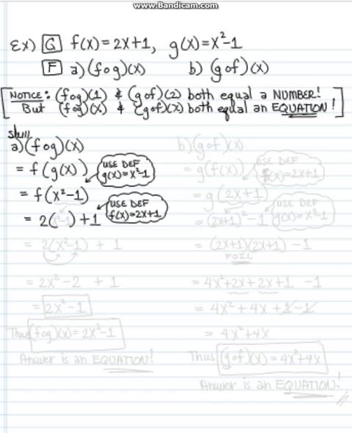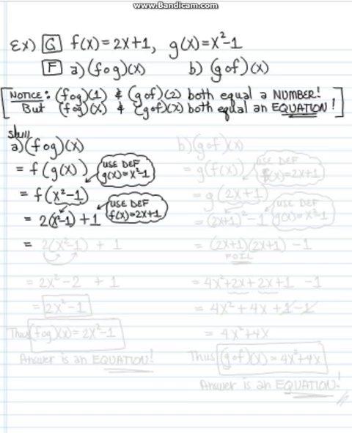We're asked to find not f of x, but f of parentheses x squared minus 1. So take out the x in the definition and replace it with the entire mess in the parentheses. Replace it with x squared minus 1. That gives us 2 parentheses x squared minus 1, and then the plus 1 on the outside. Okay, now if you don't understand this, you go back and listen to it again. This is so important.